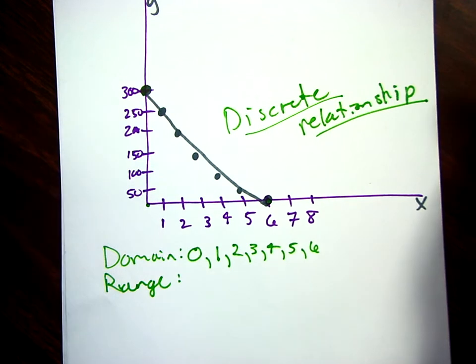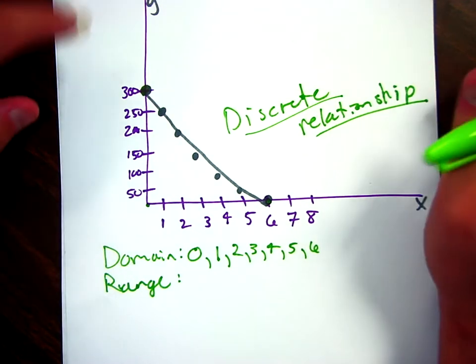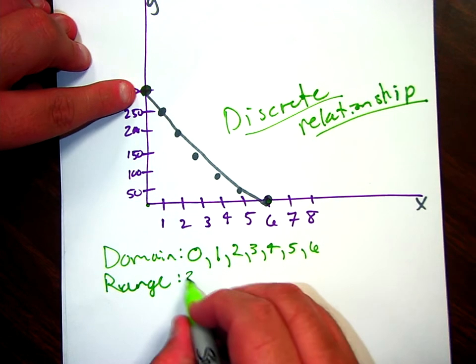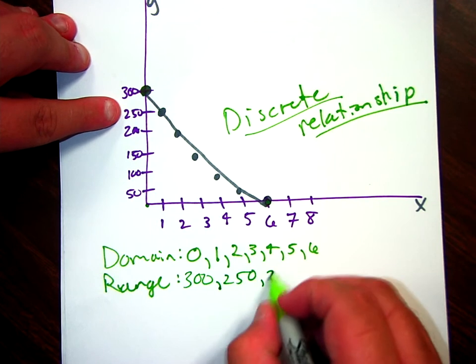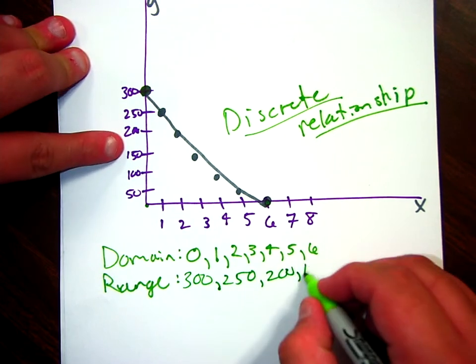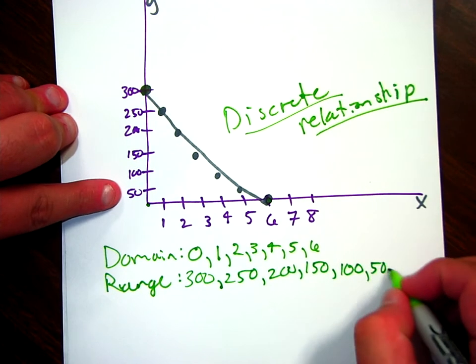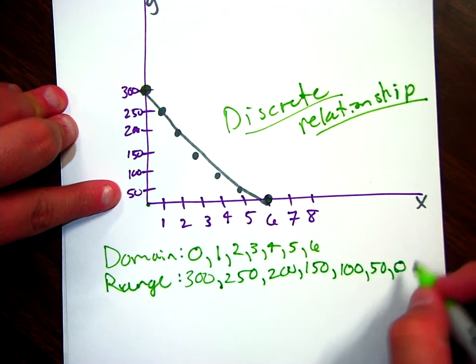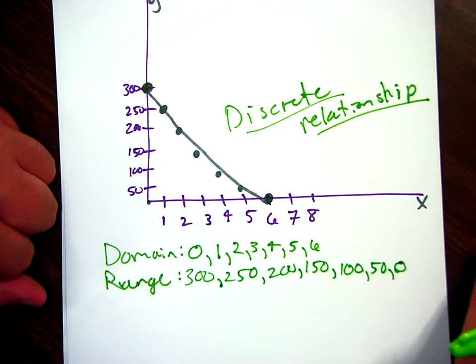We're just one day, $50. So given that argument, our range starts here, 300, and then we had 250, 200, 150, 100, 50, and then 0. Then we had nothing left, and there's the range.